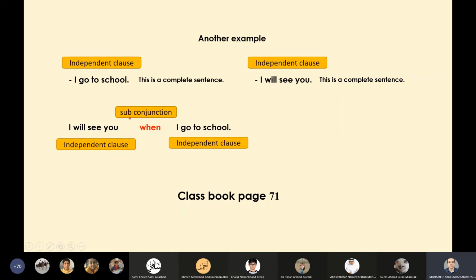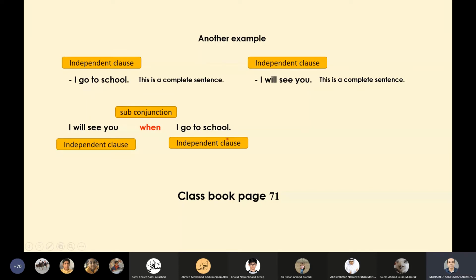We can connect them with other subordinating conjunctions, but here I used when. So again, students, I go to school, I will see you. We can join them together using a subordinating conjunction like when: I will see you when I go to school.